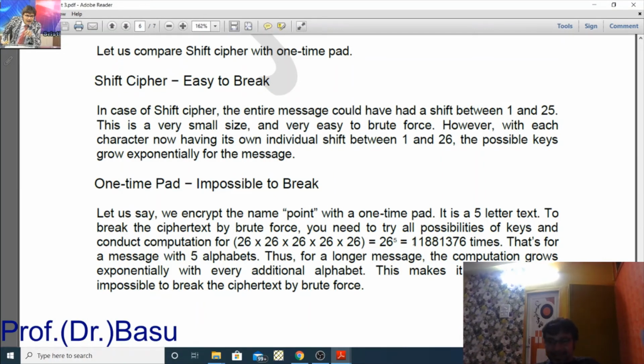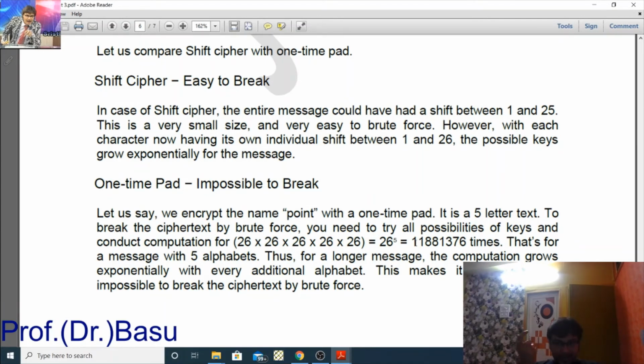So this many patterns we can have according to the permutation technique. For a 5-letter text we can have this number of sequences. Are you getting me?